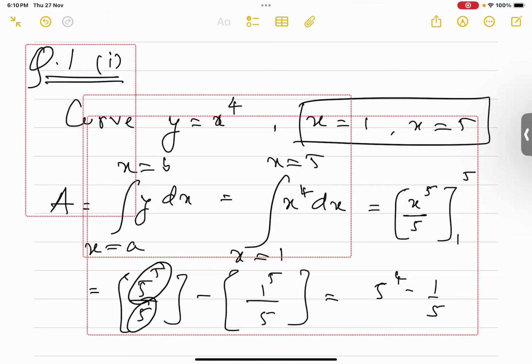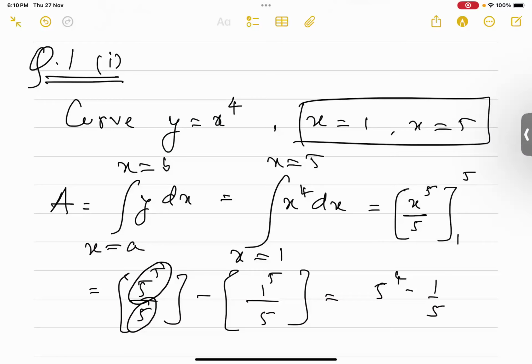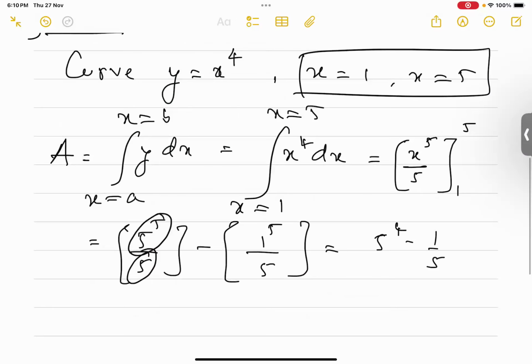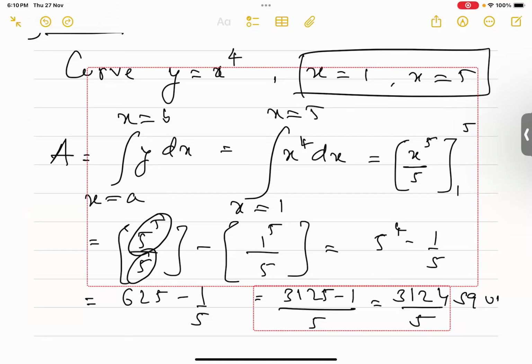So 5 raised to 4 is 625, so 3125 minus 1 upon 5, which is 3124 upon 5 square units.